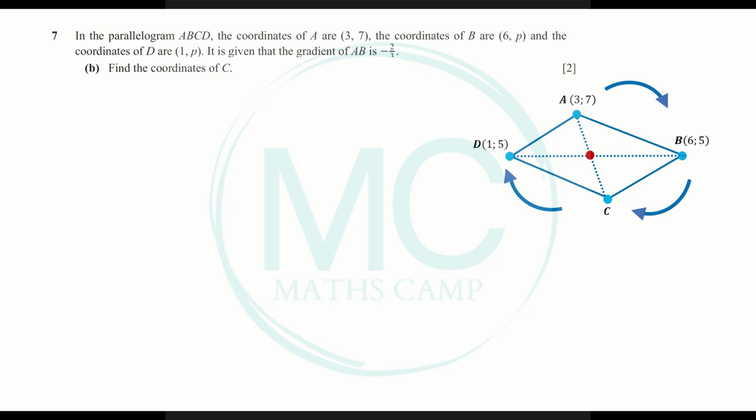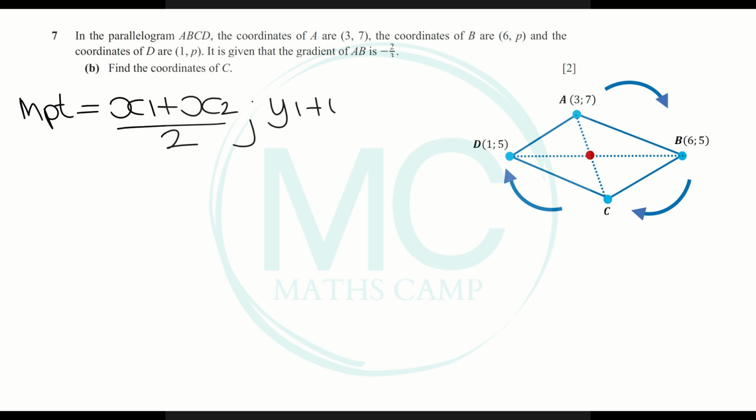To find a midpoint, we use the formula: midpoint is equal to x1 plus x2 over 2 for the x-coordinate and y1 plus y2 over 2 for the y-coordinate. So let's find the midpoint of DB.